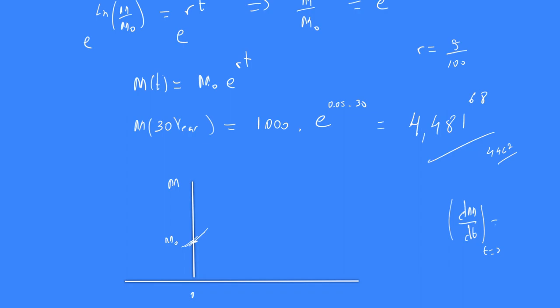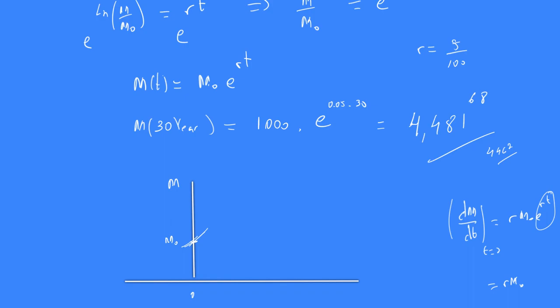And what is the derivative of m with respect to t? The function m is m0 e to the rt, and the derivative is r m0 e to the rt. So at t equals 0, e to the rt is 1, so r times m0 is the initial slope.